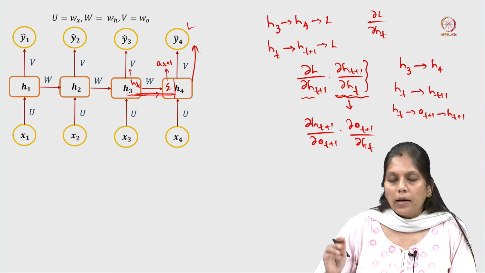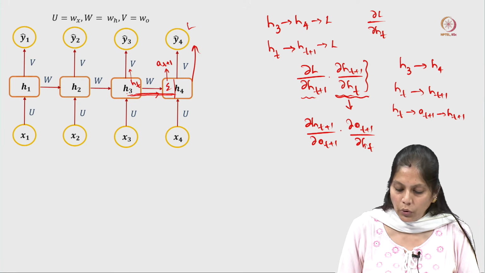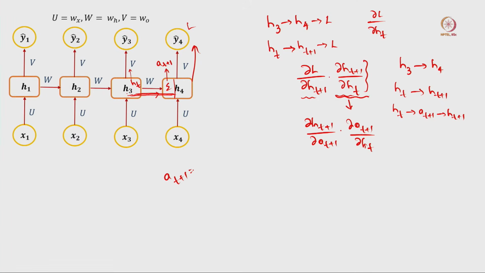Now, just to go back and write the equations and substitute the values. You know it very well. How can you write AT plus 1? To this, what is passed as an input? This is passed as an input: xt plus 1, multiplied with its weight, and to this the previous input also comes: HT multiplied with weight, and then the input bias Bx.